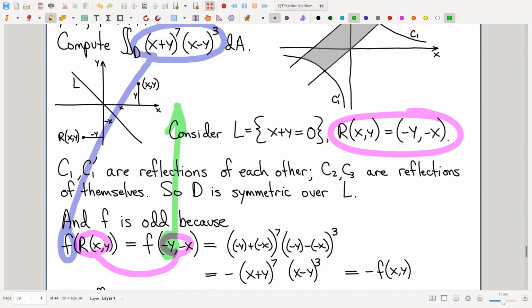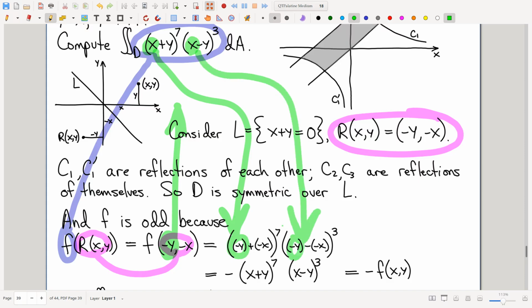I've got to plug it in for what was the first input to this expression, and it's x. So it goes there and there. Minus y then goes there and there. Everybody see that? Yeah.